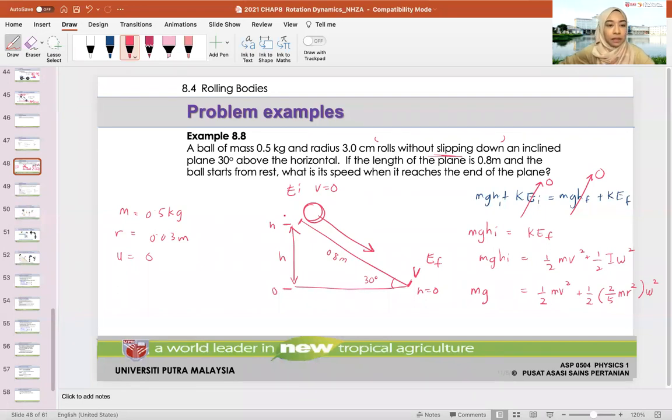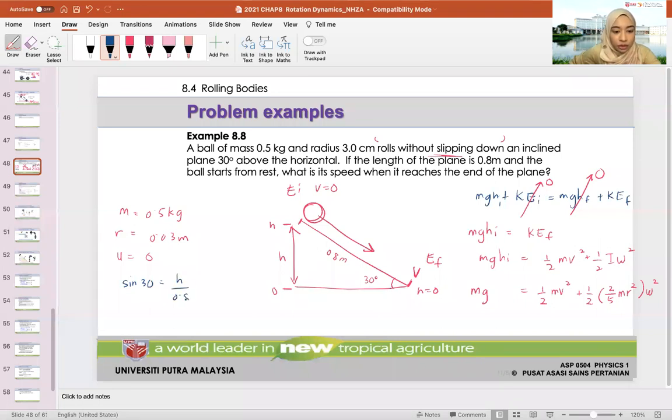So how do I find my h? Anyone? Macam mana nak cari h dalam ni? Pythagoras. Okay, so what should I use? Sine, tangent, cosine? Sine. Okay, so sine 30 is equal to opposite over hypotenuse.